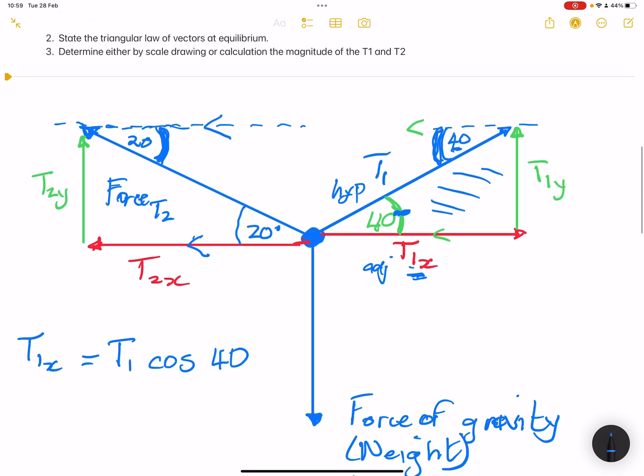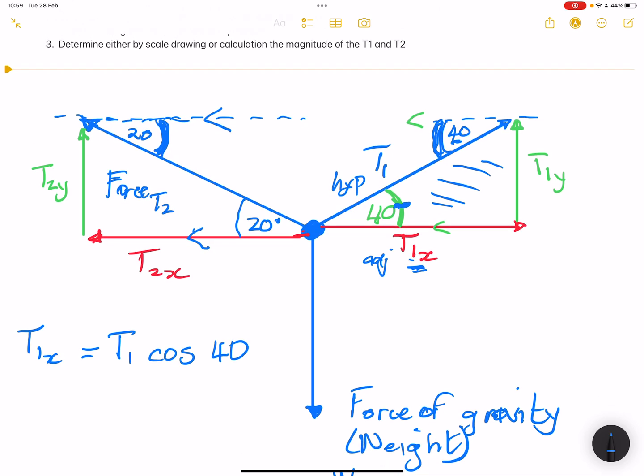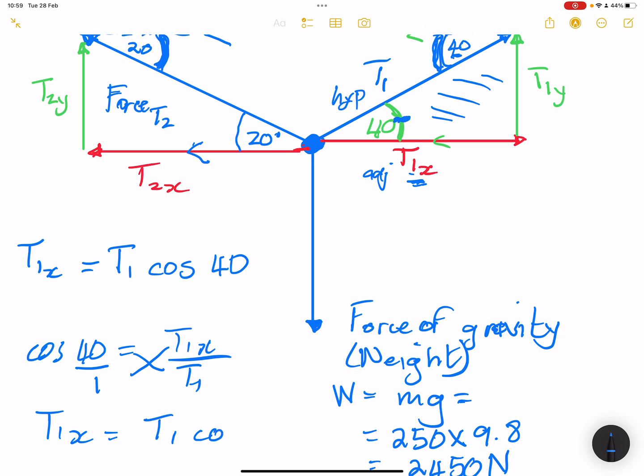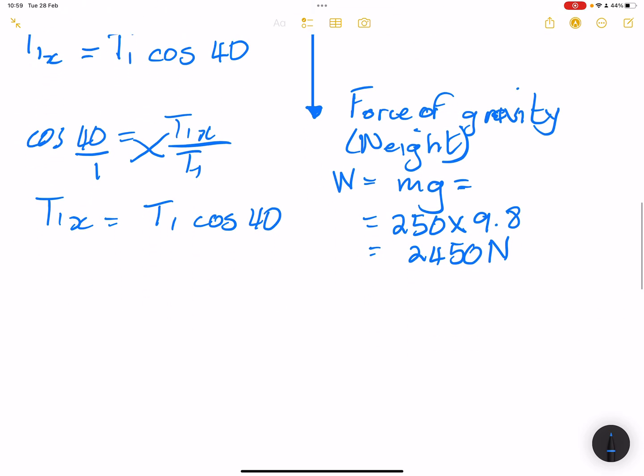So the cos of 40 degrees is equal to T1x, adjacent, over the hypotenuse, which is T1. If I cross multiply, therefore T1x is equal to T1 cos of 40. I hope that you understand that.